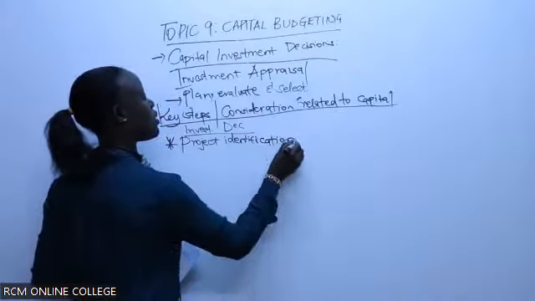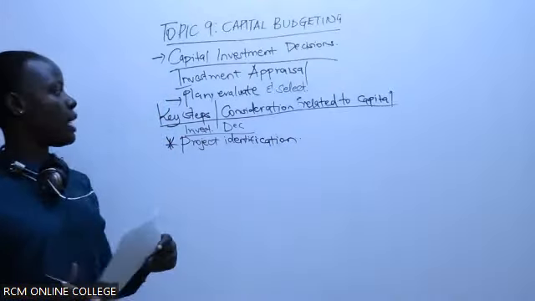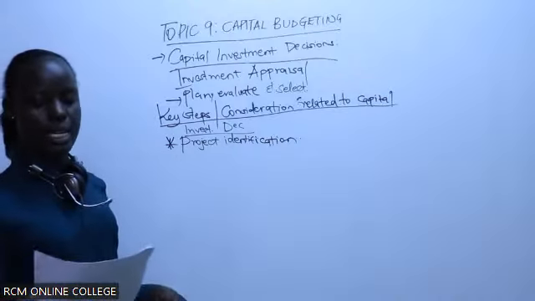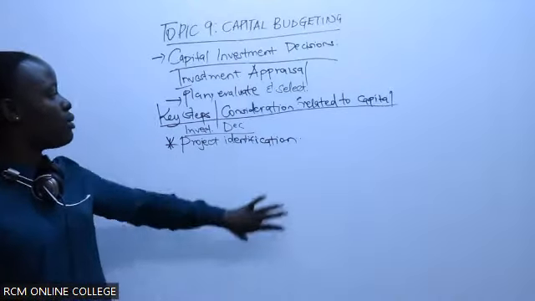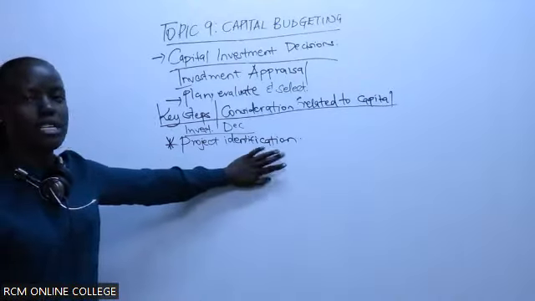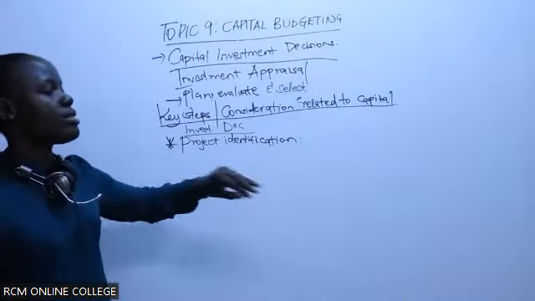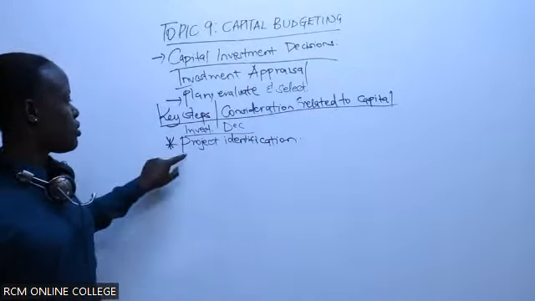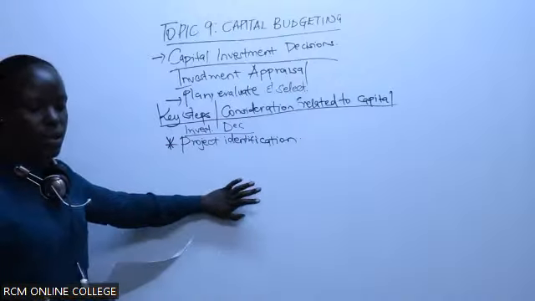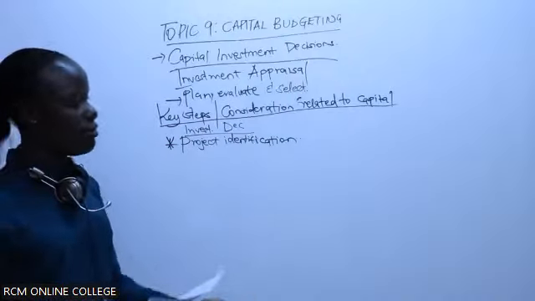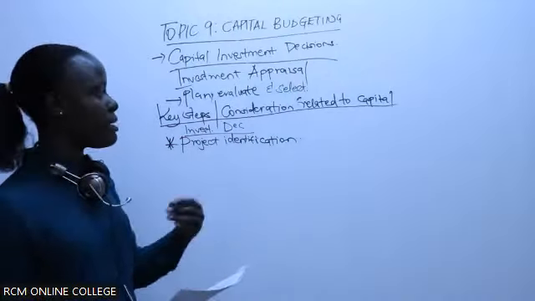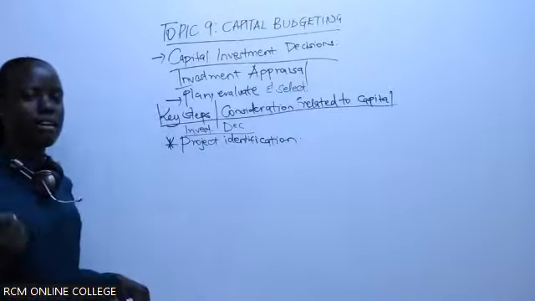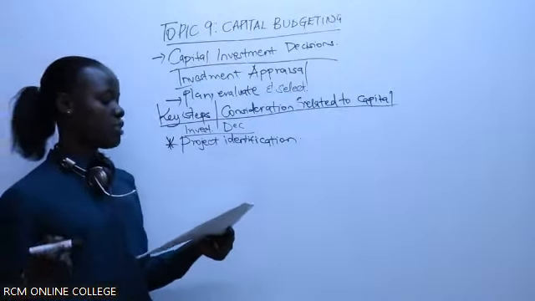This is the stage where you'll define or identify the specific project that you plan to venture in. It's a step where you identify the potential investment. Which specific investment do you want to venture in? It's the step of identifying the potential investment opportunity.